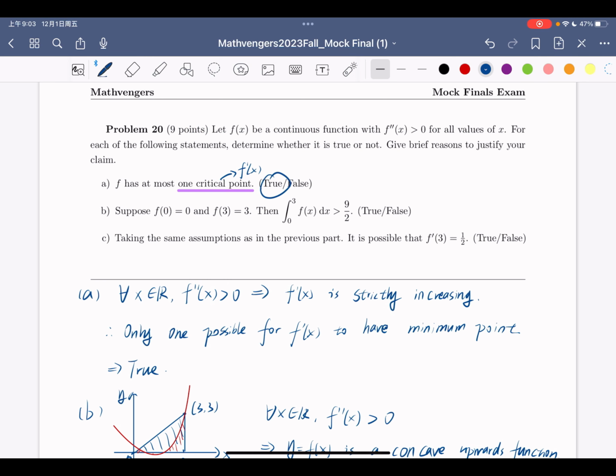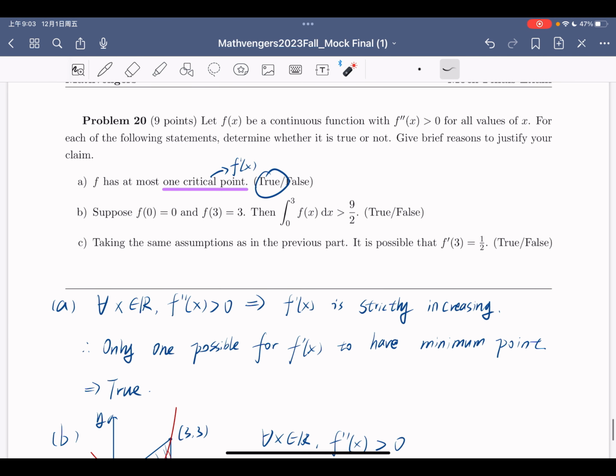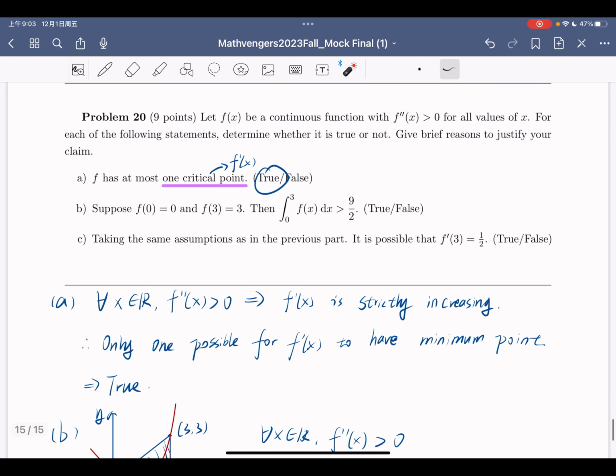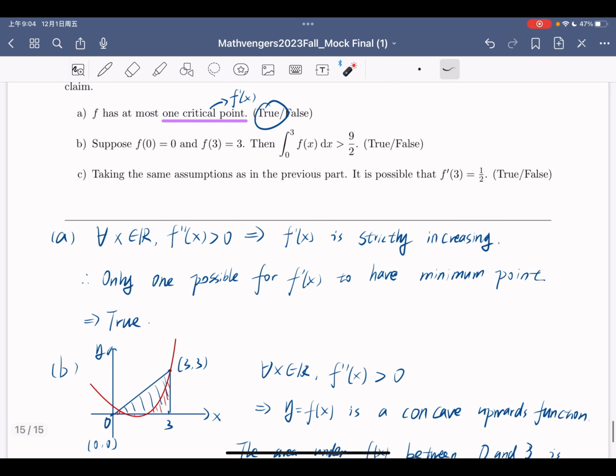For the last part C, taking the same assumption, we have f(0) is 0 and f(3) is 3. The statement says it's possible for the first derivative at x equal to 3 to be 1/2.